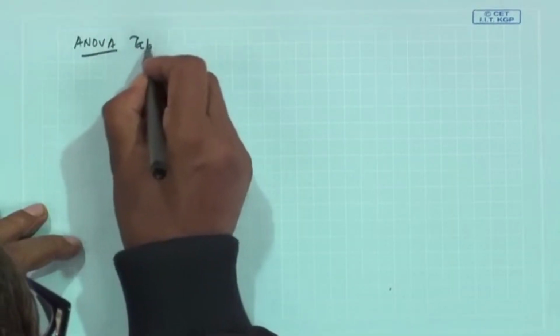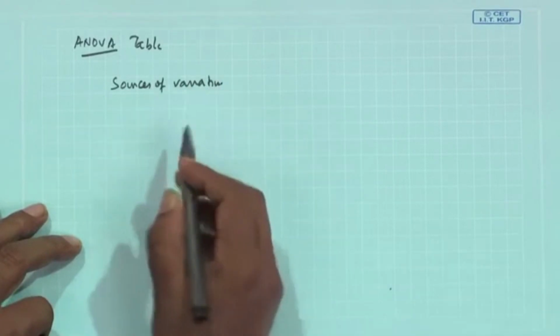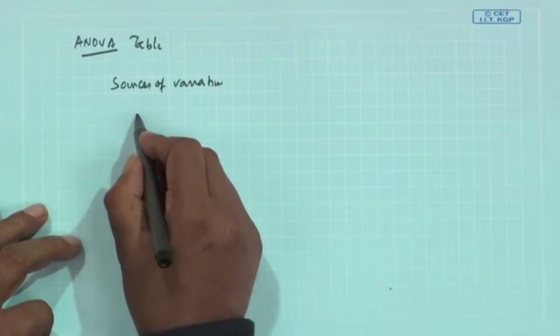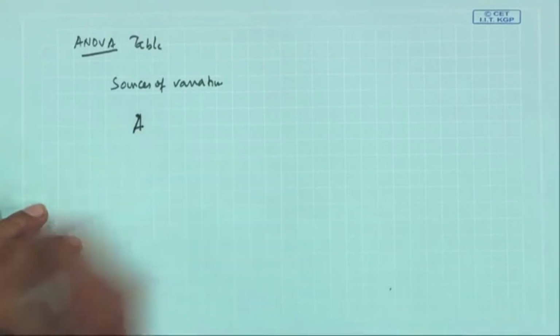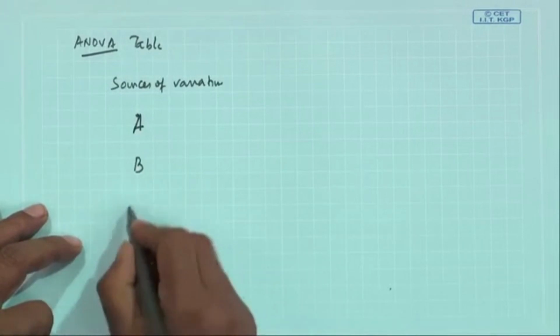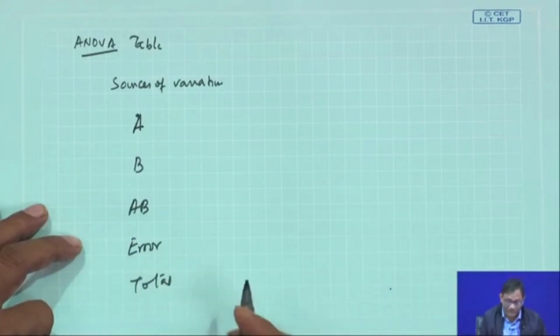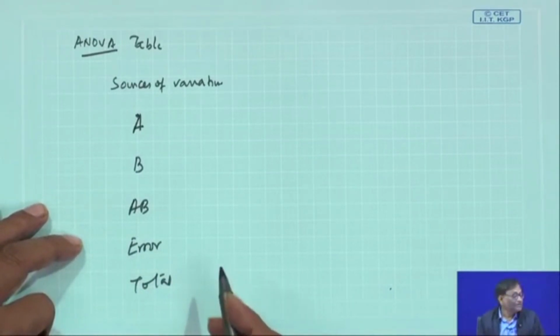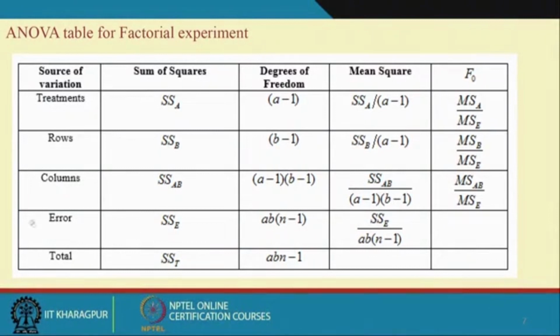First is sources of variation: factor A treatment, factor B treatment, interaction AB, error, and total.